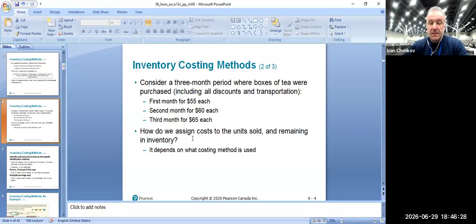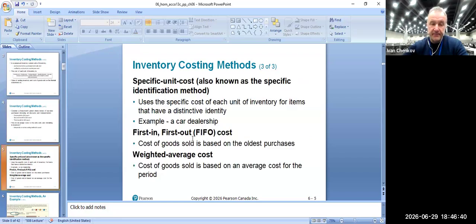For that reason, we're now going to see which methods we can use to assign the cost to cost of goods sold and determine the value of our ending inventory. We have three common methods. One is the specific unit cost method, which identifies a specific item.